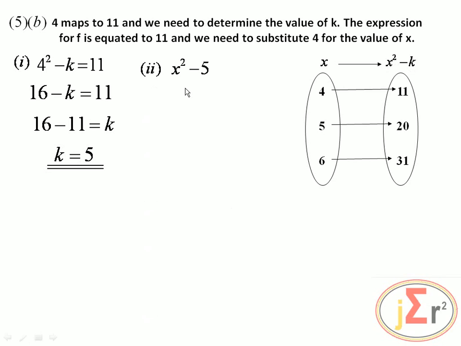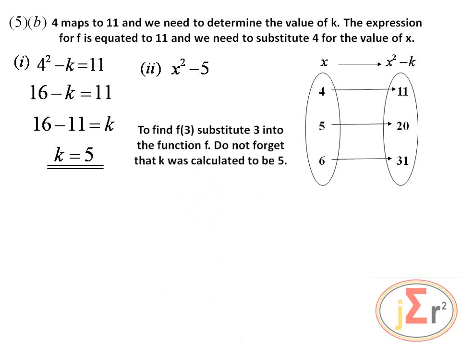Then we may use that to evaluate f of 3. In evaluating f of 3, we substitute 3 into the expression. 3 squared minus 5, 9 minus 5 is equal to 4, and that is f of 3.